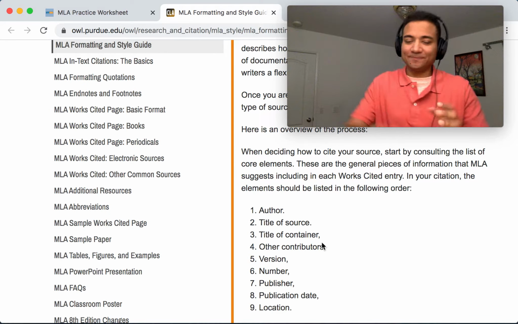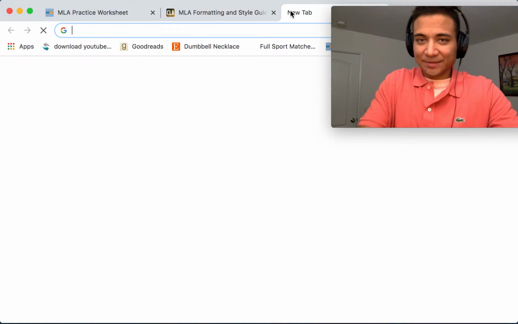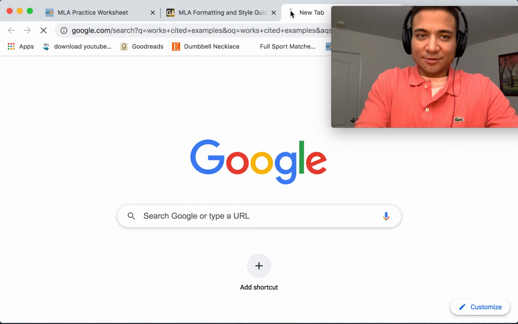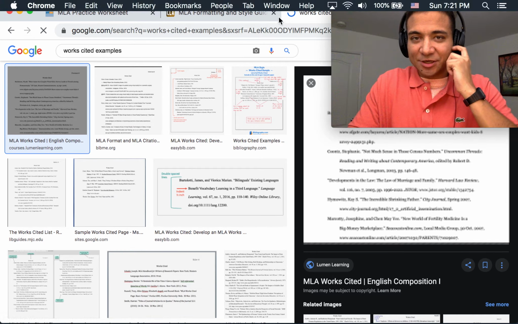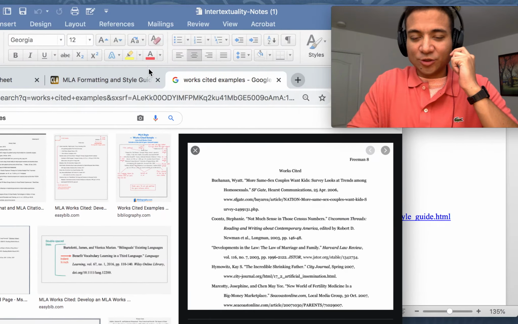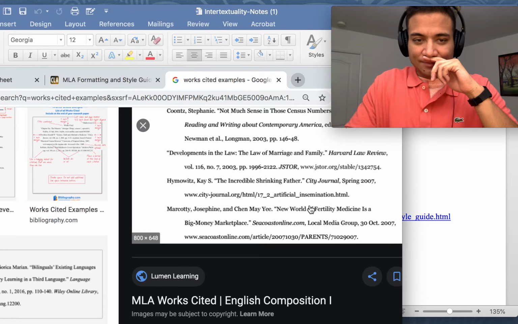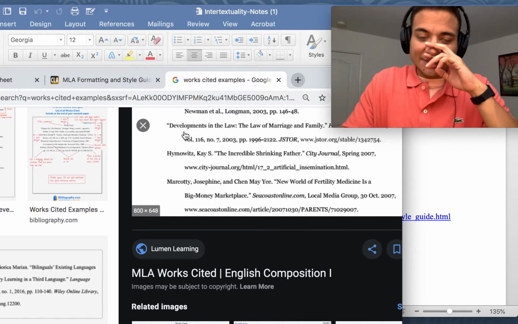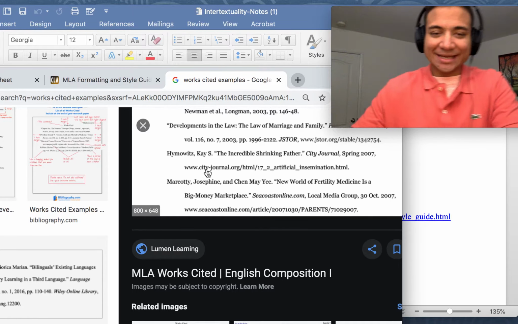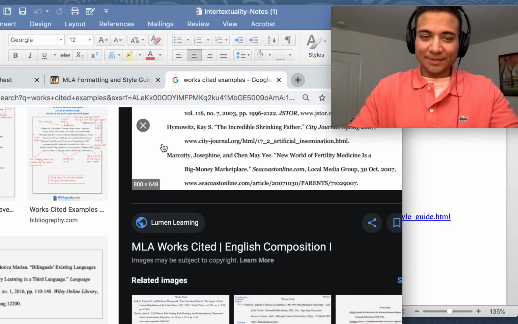A works cited, first of all, goes at the end of a paper. Works cited, examples. It goes at the end of a paper. It has what's called a hanging indent, which we learned. Okay, so see, it's in alphabetical order, D, H, M, and it has a hanging indent, okay? So remember that. It's in alphabetical order, and it has a hanging indent.